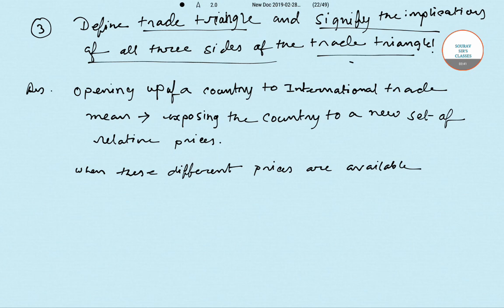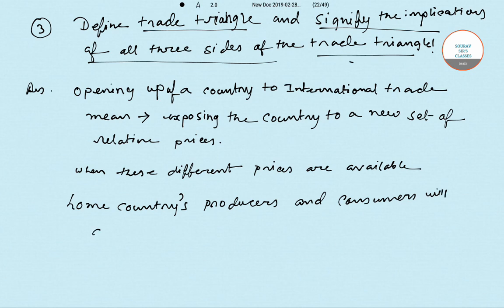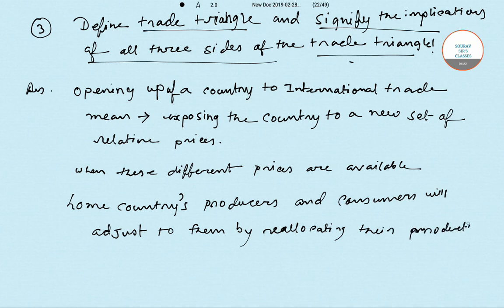The home country's producers and consumers will adjust to them by reallocating their production and consumption.